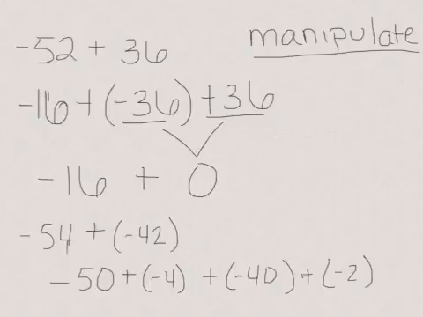And then we can add our place values together. We would have negative 50 plus negative 40, which is negative 90. And then we would have negative 4 plus negative 2, which is negative 6. So we end up with negative 96.